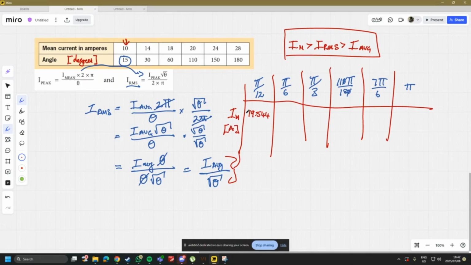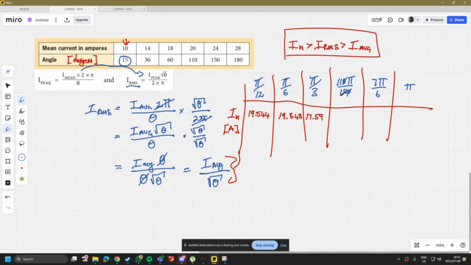Okay, and then the next is 14 amps divided by the square root of pi divided by 6, and this is going to give us a maximum current of 19.348. Then it's 18 amps divided by the square root of pi divided by 3. That will give us 17.59 amps.